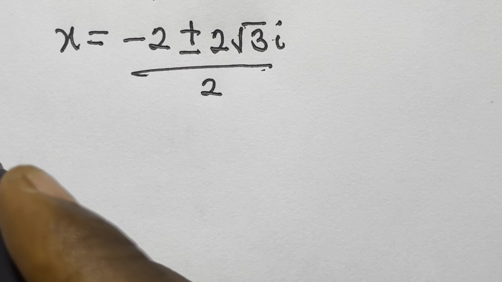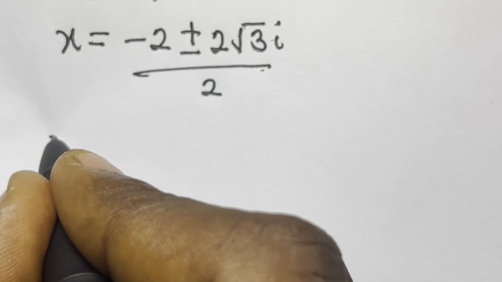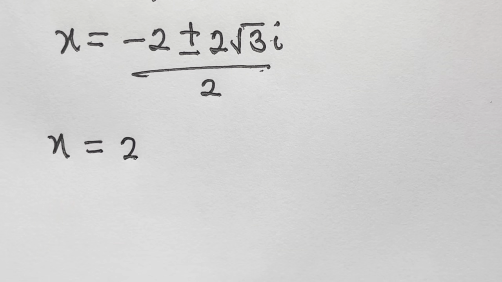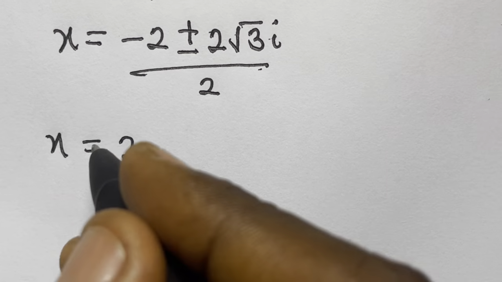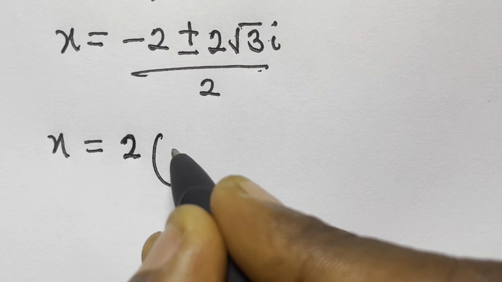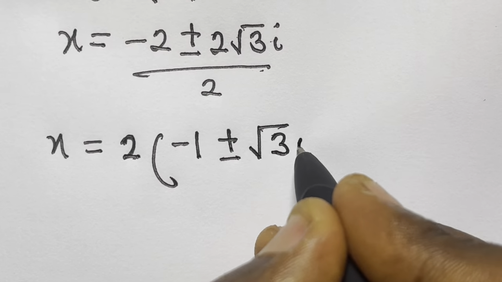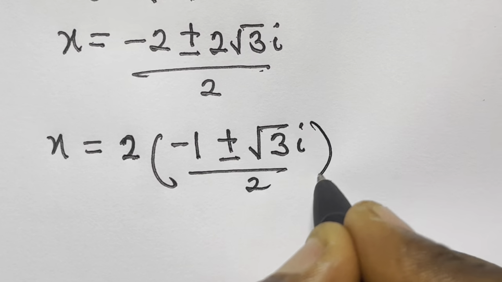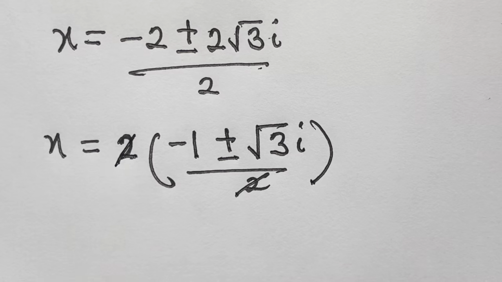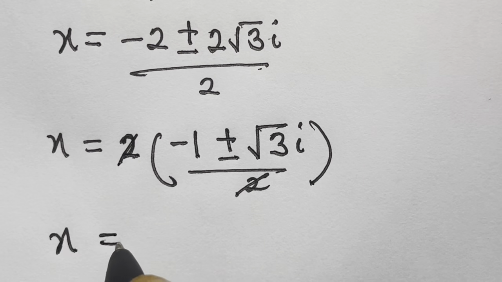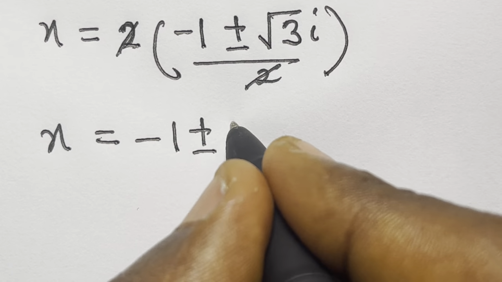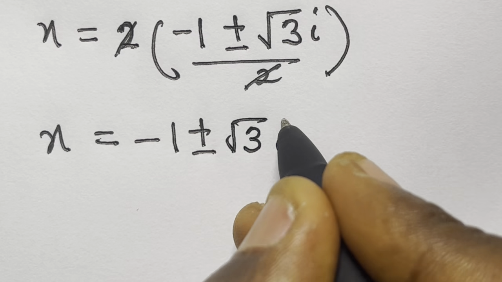So from here, we can factorize 2 out. Factorizing 2 out, we are going to have minus 1 plus or minus root 3 i, then divided by 2. You know, these two cancel, so we are going to have x equals minus 1 plus or minus root 3 i.